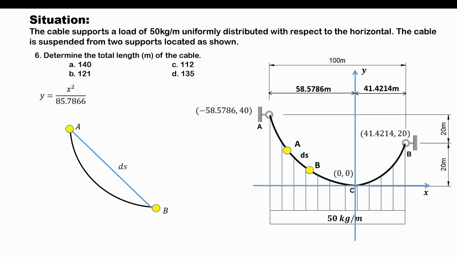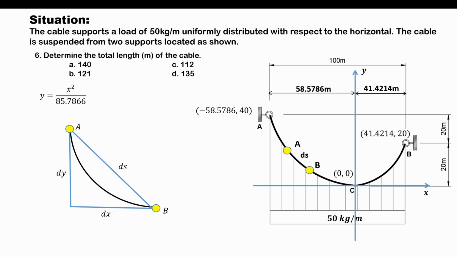Now, let's project a horizontal line with a length of dx and a vertical line with a distance of dy. Basically, these dy and dx here are just the difference between the x and y coordinates of points A and B, or the endpoints of the infinitesimal element of the cable.